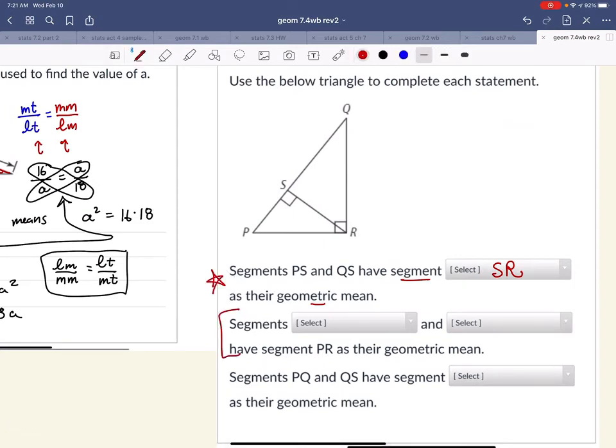But I could also think, what other two segments would have segment PR as its geometric mean? So that would mean, what would end up being in the same ratio with PR? So if I look here, it looks like PR is the long side of the baby, right?